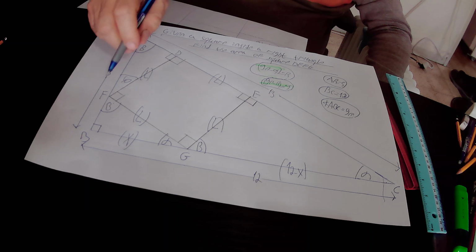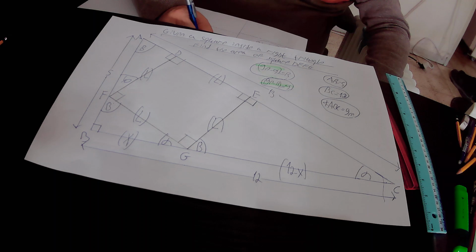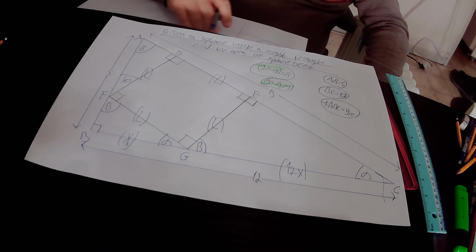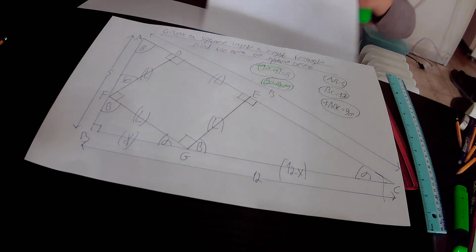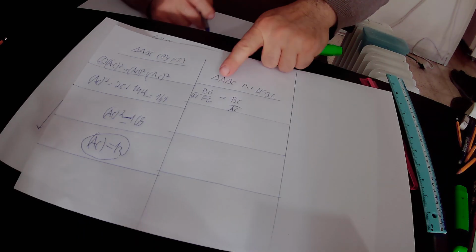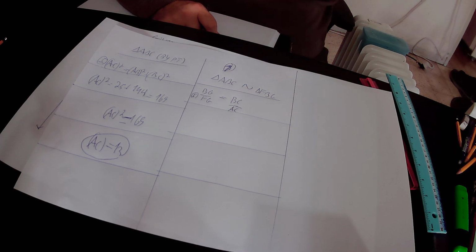BG over FG in the right triangle FBG equals BC over AC in the right big triangle, triangle ABC.